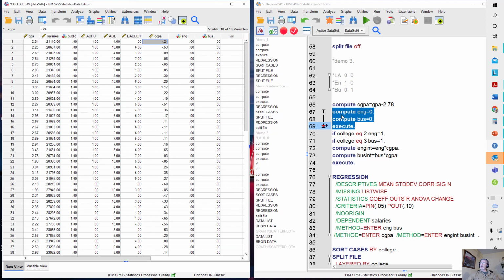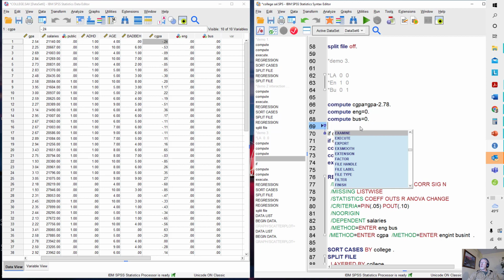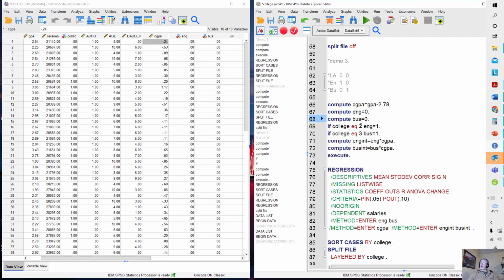I've started off by calling for the whole data set, compute engineering equals 0, compute business equals 0. And so now I have zeros all the way through.